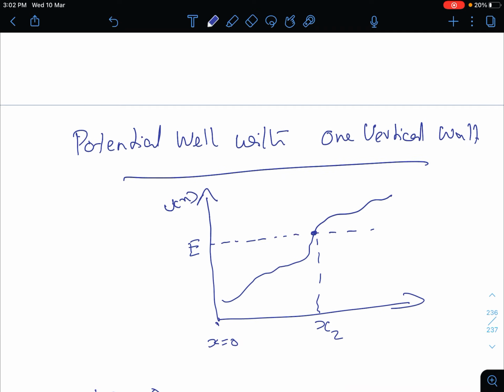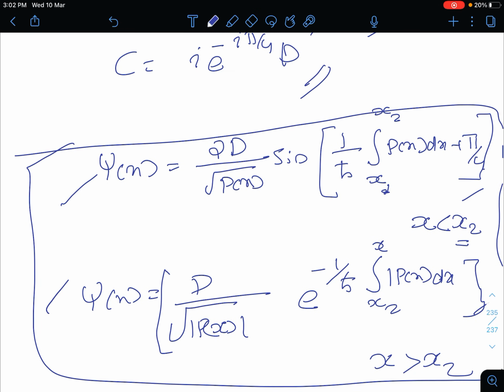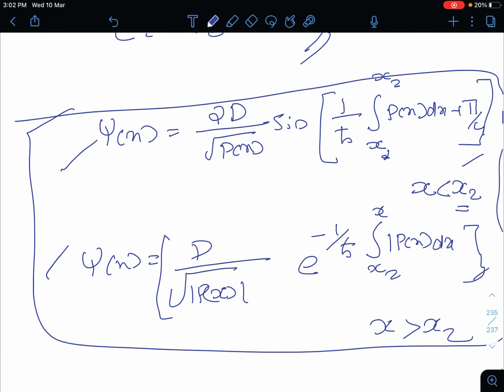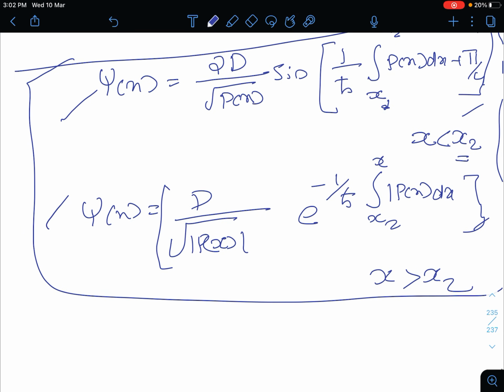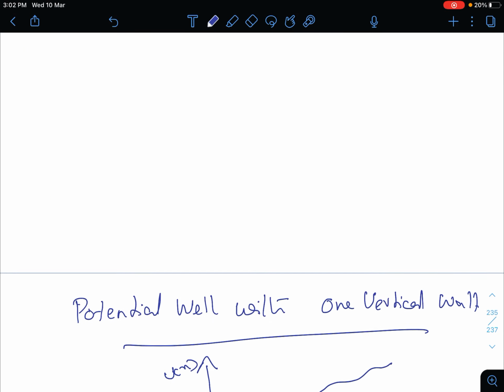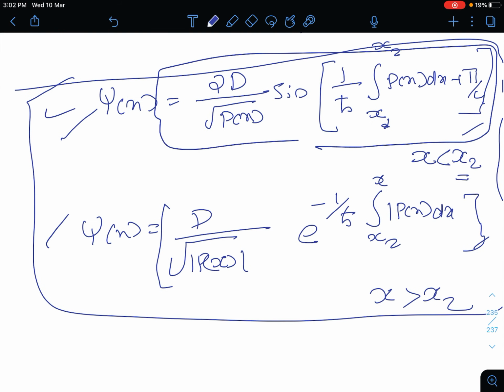So we can say, this is on the left side of x2, x less than x2. So let's consider this equation.